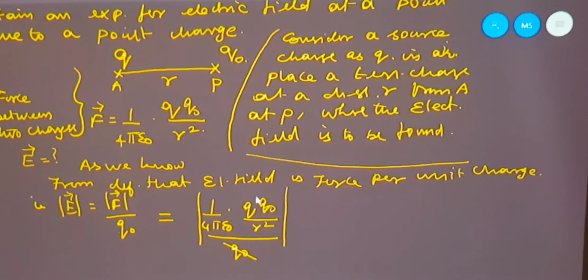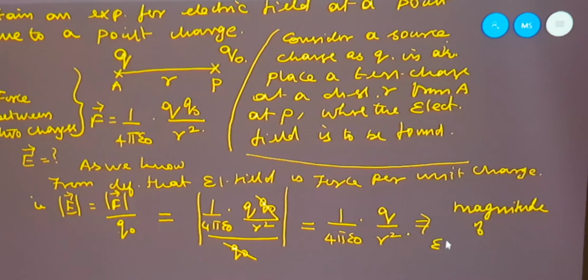So this Q0 will get cancelled. What is your answer then? 1 by 4 pi epsilon 0 Q by R square. This gives you the magnitude of the electrical field.